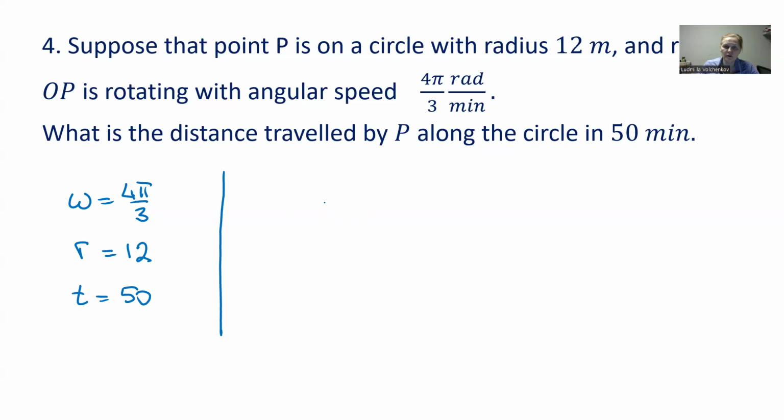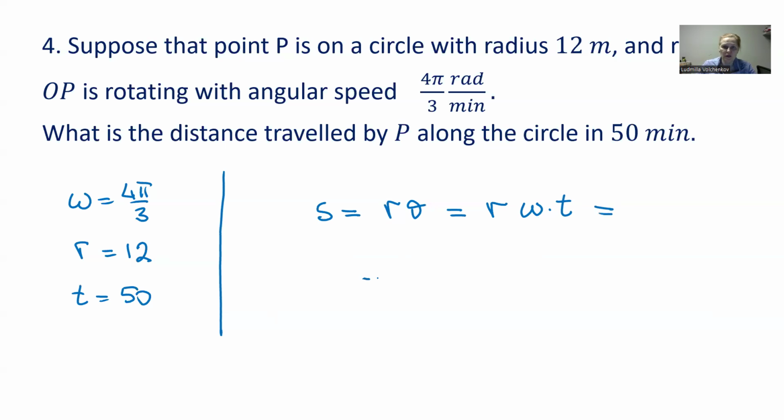The distance traveled by a point is the radius multiplied by the angle theta, which is generated with angular speed omega radians per minute in the time given by t, 50 minutes.